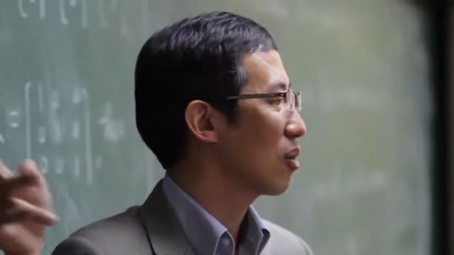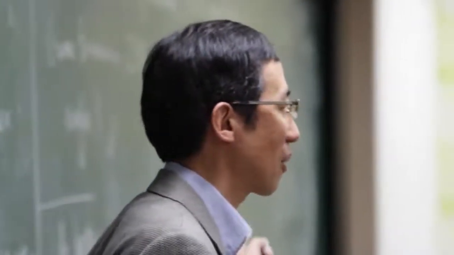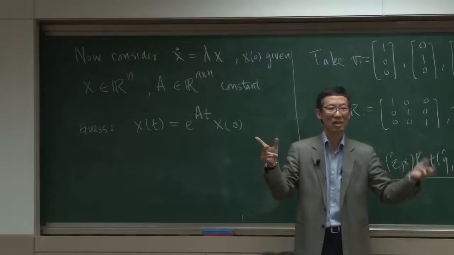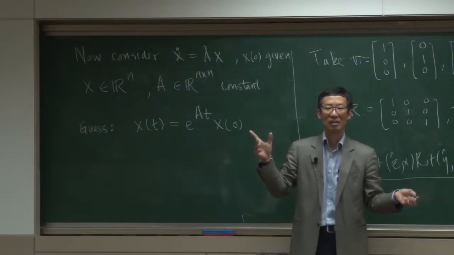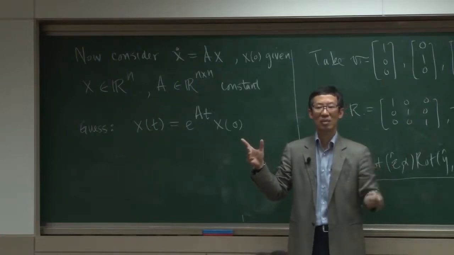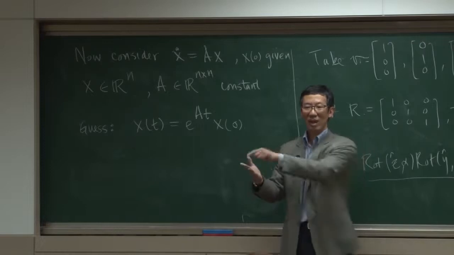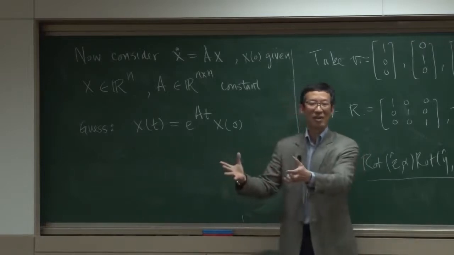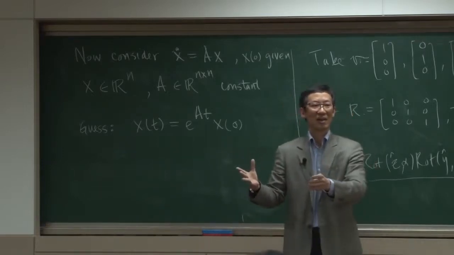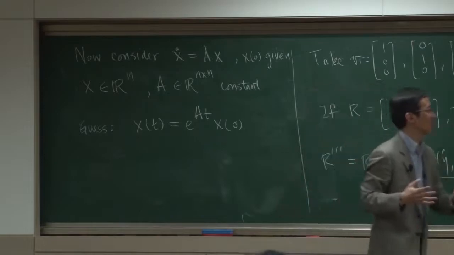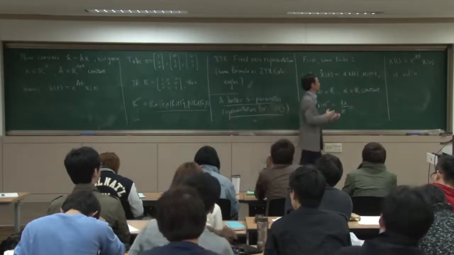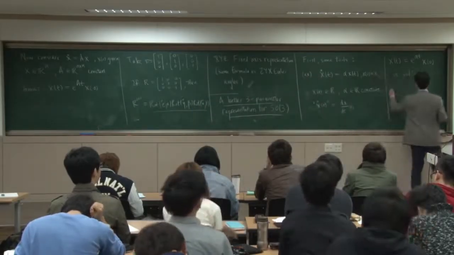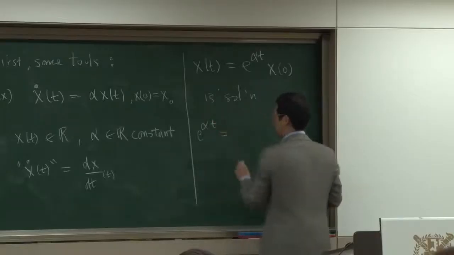So you say, well, what is it in the case when it's a scalar? The easy answer would be just get your calculator, punch it in, and out comes a number. But actually, what that is, let's go back here. Remember the definition.